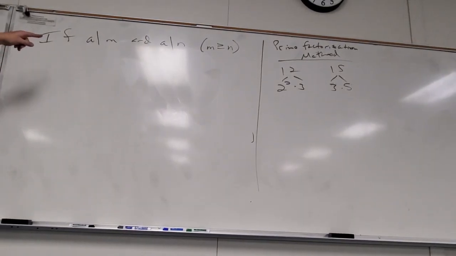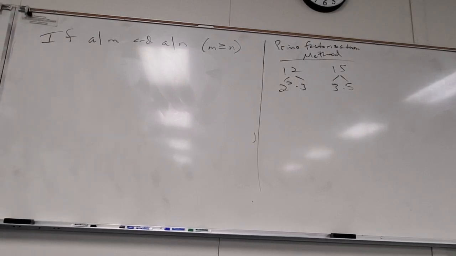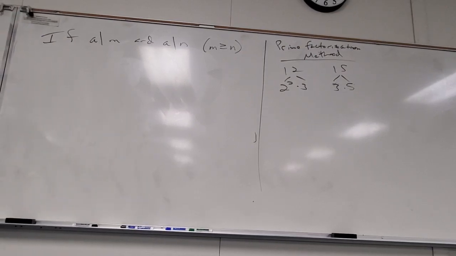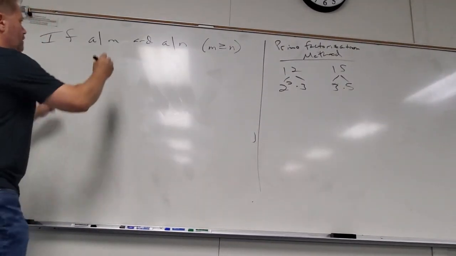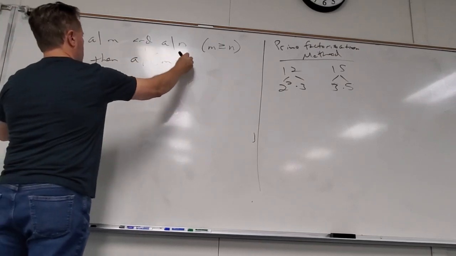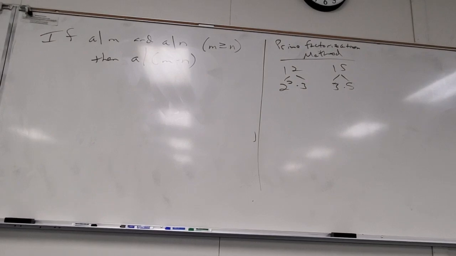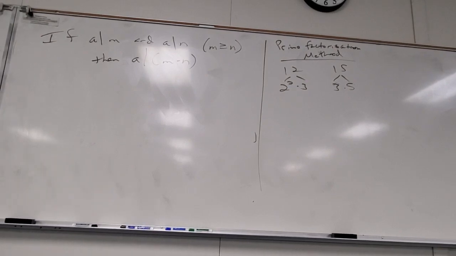So A goes into M, A also goes into N. And M just happens to be bigger than or equal to N. Then A divides M minus N, which is kind of related to what I just said about taking the difference. So we're going to prove this real quick.